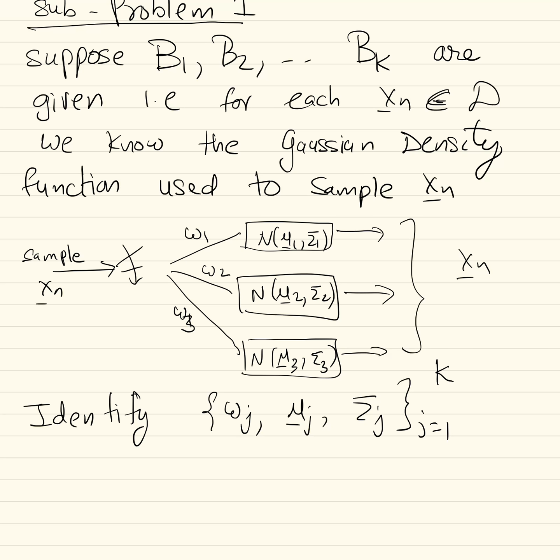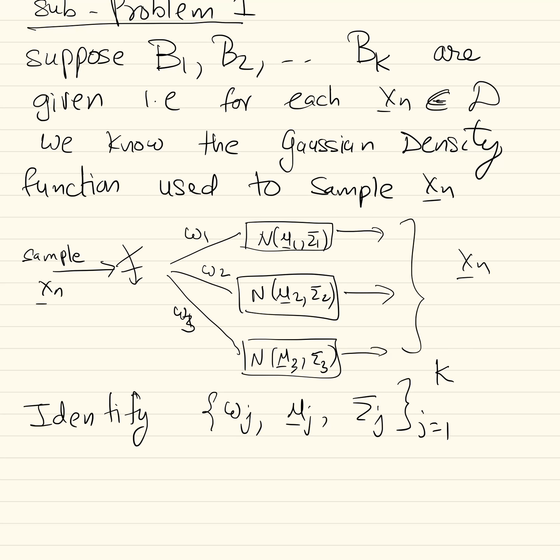And your goal is to compute mu, sigma, and W. So let the size of B1 be N1, size of B2 be N2, size of B3 be N3, right? That we can count because the sets are given to us. Then all you have to do is Wj will be Nj by N. This is the expected fraction of time you will land on the first branch, and j is 1, and so on.